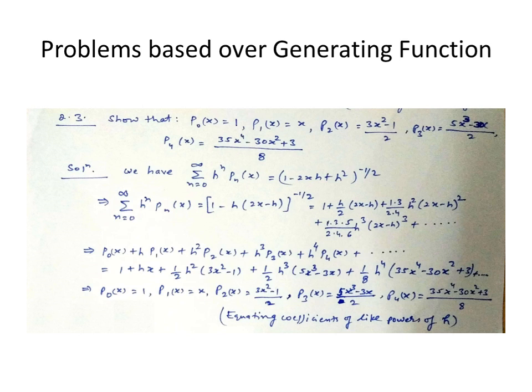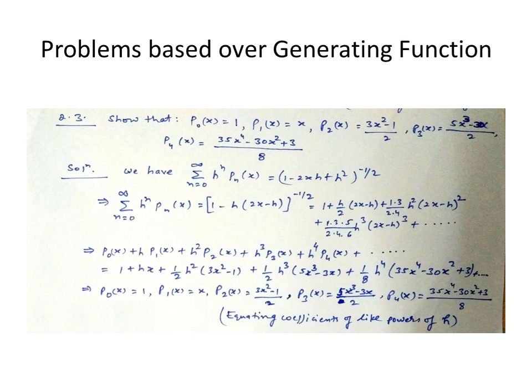Now again, like the previous two problems, we start the solution by writing the general expression for the generating function of Legendre function, and then we change the right hand side by taking minus h as common. So the right hand side of the second step of the solution becomes (1 minus h(2x minus h)) whole power minus half.